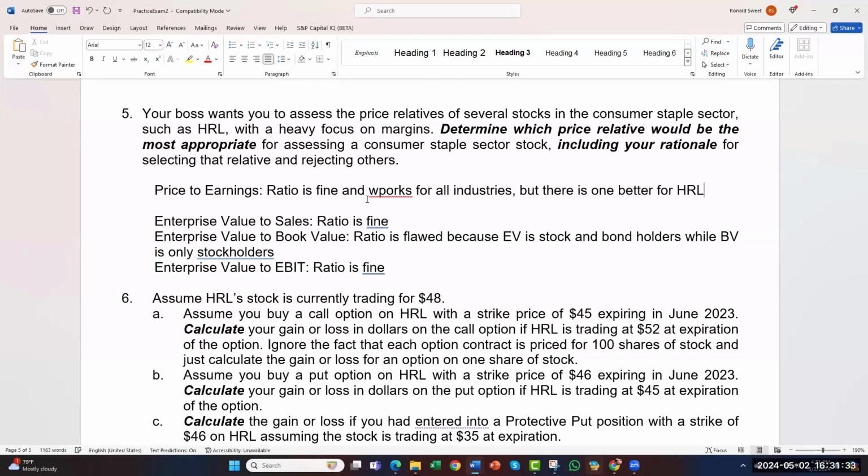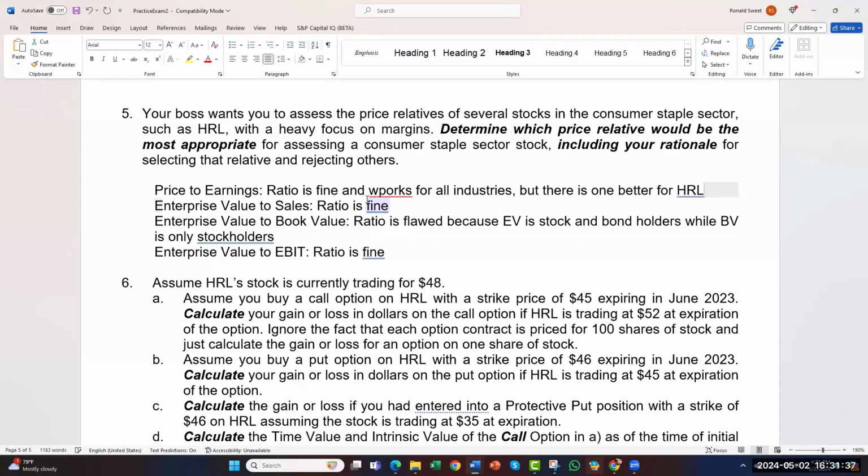There's a more appropriate one, but we can use it, everybody uses price to earnings, no question. Enterprise to sales ratio is fine and is best for HRL or a retailer focused on margins. I'm not looking for a dissertation, but you do need to give me some explanation.